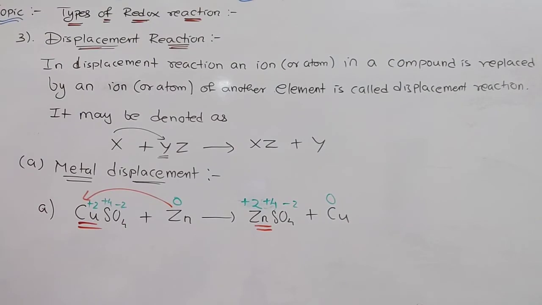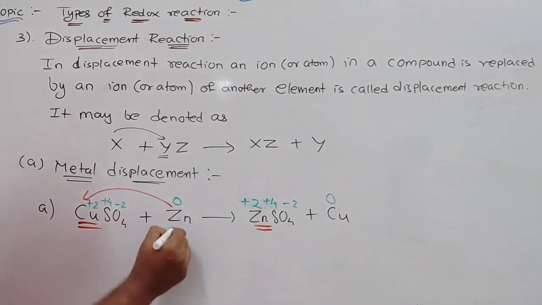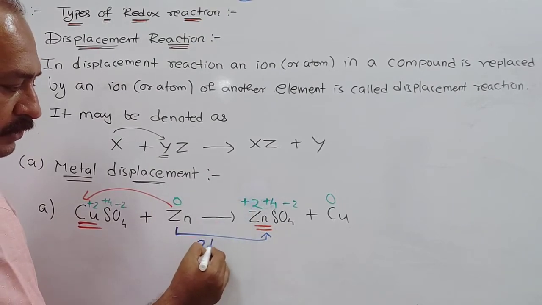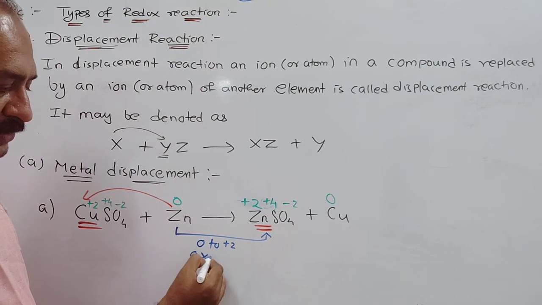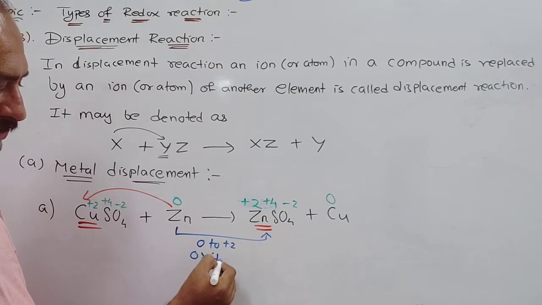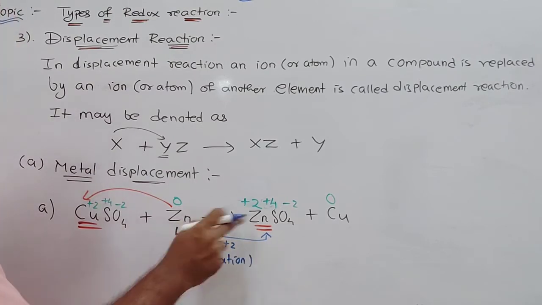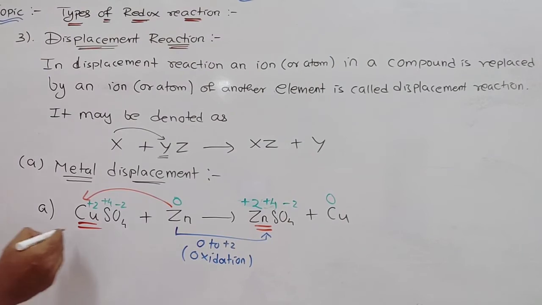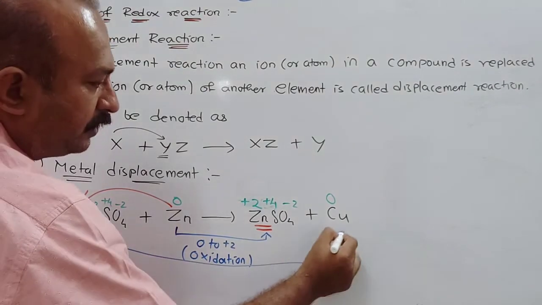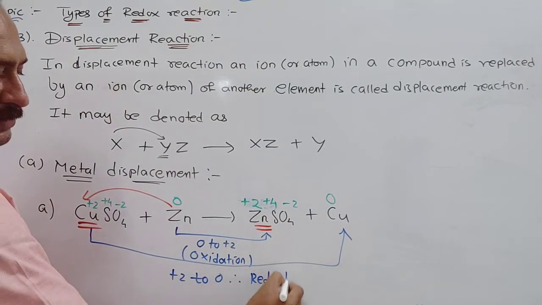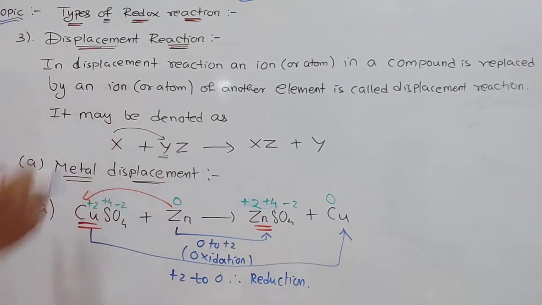In this case, zinc goes from 0 to +2. An increase in oxidation number means oxidation takes place in zinc. Then copper goes from +2 to 0. Therefore it is a decrease in oxidation number, so it is a reduction. So this is metal displacement, one example.